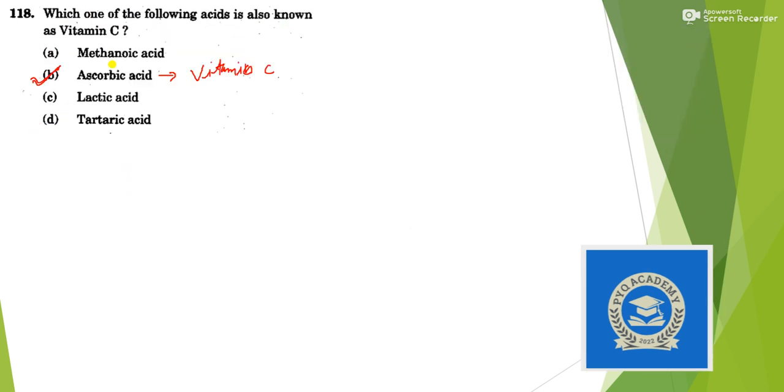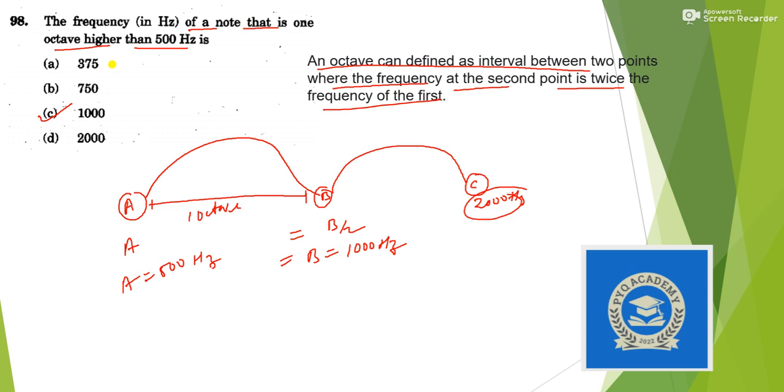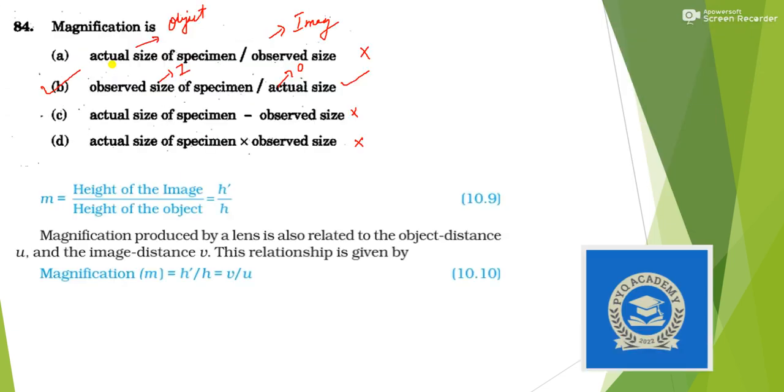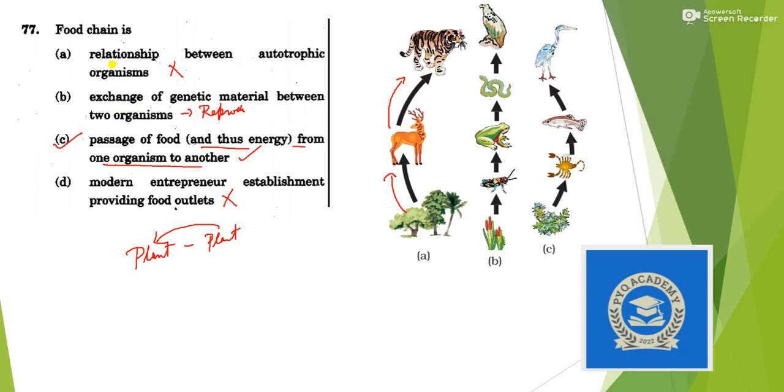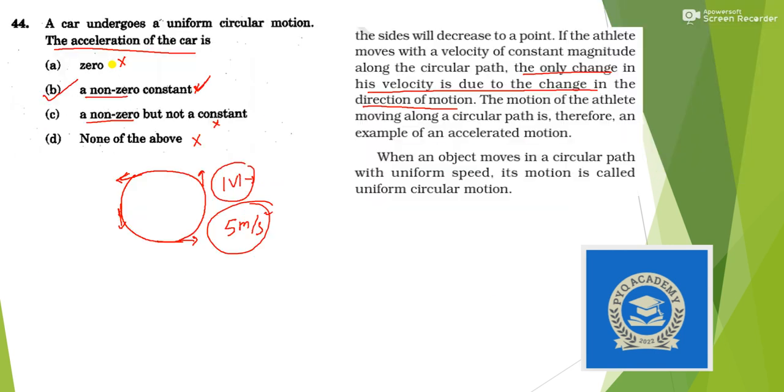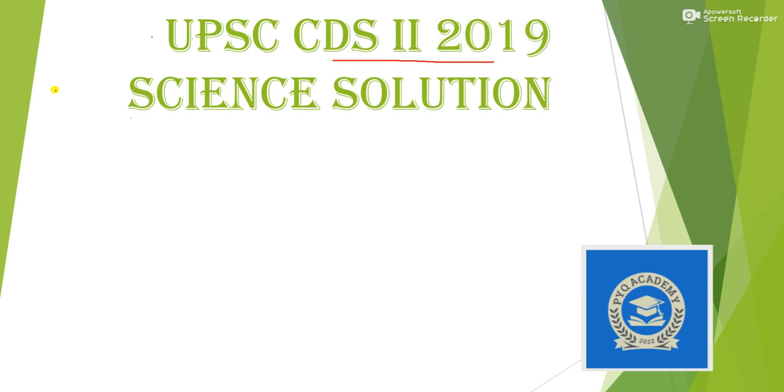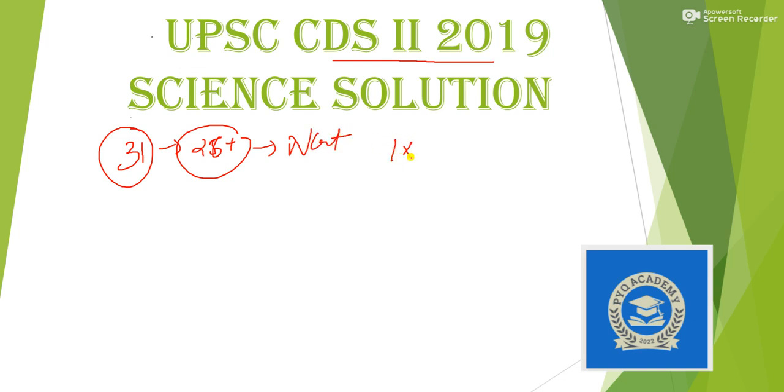So today we dealt with the solutions of series 2 2019. Out of 31 questions, I think 26 plus questions were directly from NCERT of class 9 and 10, and I think in this paper more questions were from class 9.